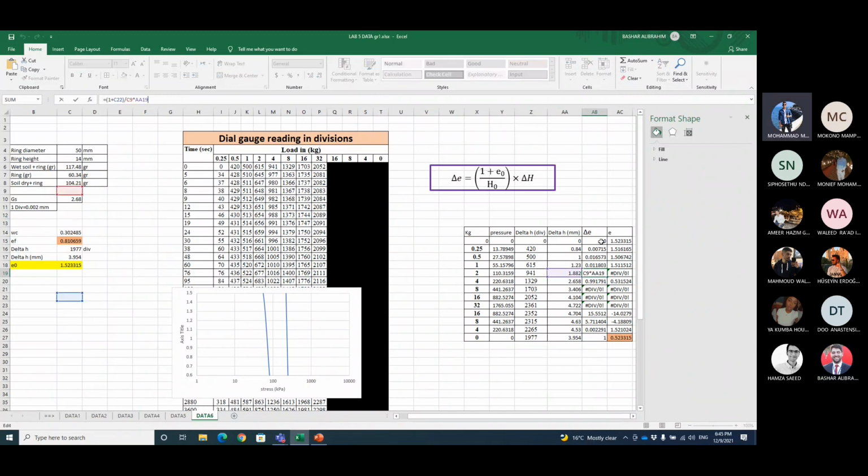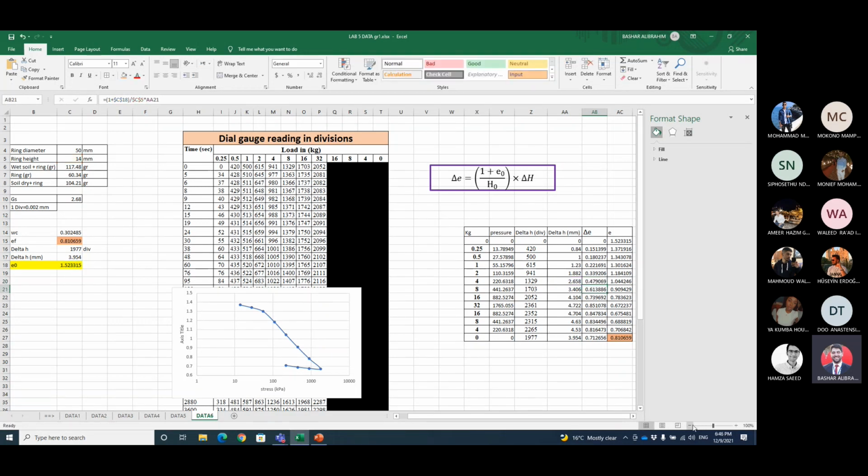Understood? Yes, I got it, sir. So when we put the dollar signs, it prevents this from happening. Look, now if I click and drag, the purple cell is shifting because we want it to shift. It is changing H, but e0 and H0 are not shifting. They are fixed. Okay. I got it, sir.